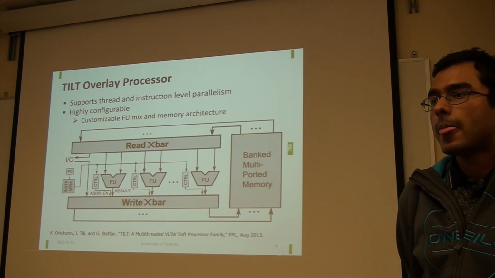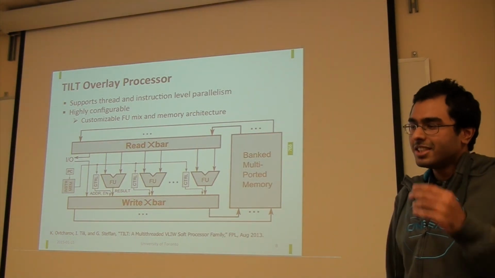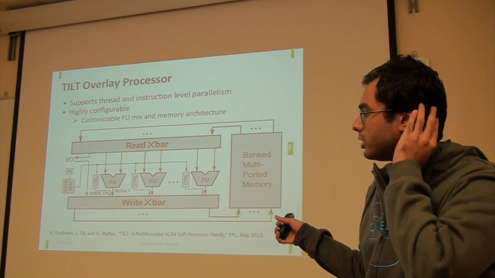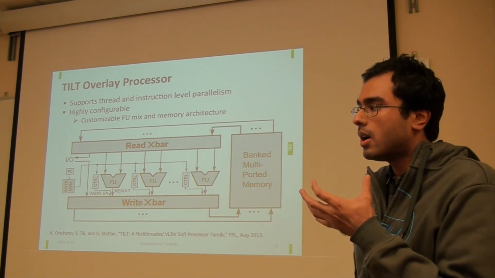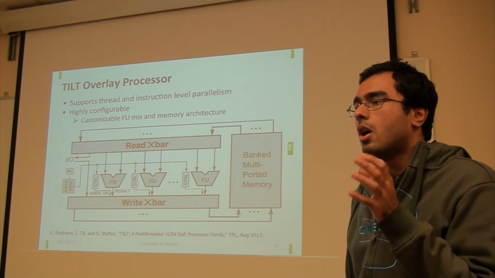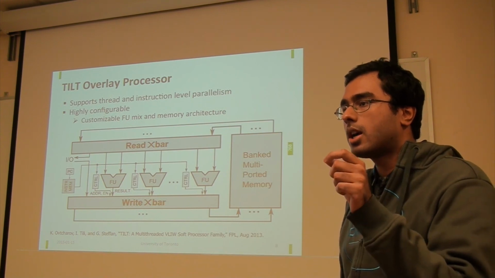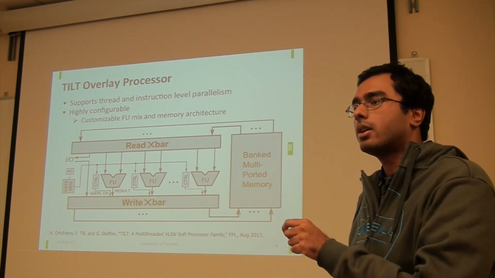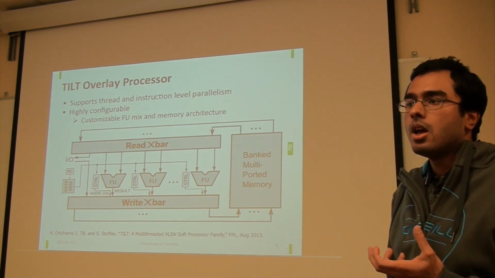I don't actually ask for data because I don't expect you to have it, but I actually do have data on this. The person who made the Tilt architecture originally, Colin, made the crossbars essentially fully connected to all the banks within the memory. So at every cycle, each functional unit can communicate with each bank. What we have seen is that this is not necessary.